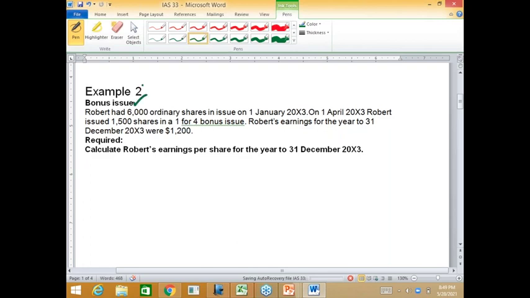Now the second thing is the bonus shares. The company has issued bonus shares. Whenever the company issues bonus shares, you need to calculate the bonus adjustment factor. The formula will be 1 plus bonus shares issued for one ordinary share.